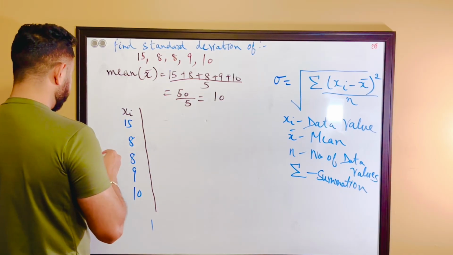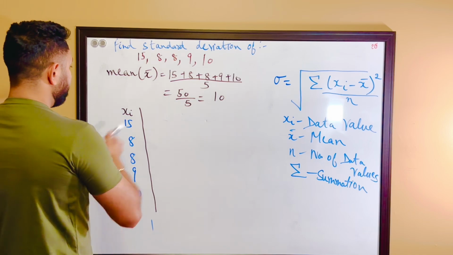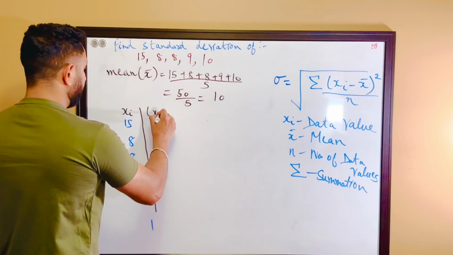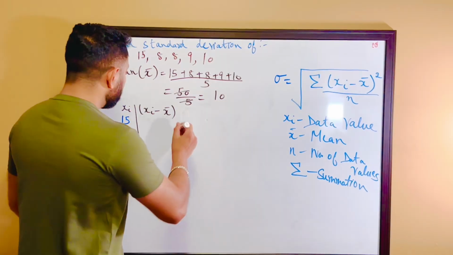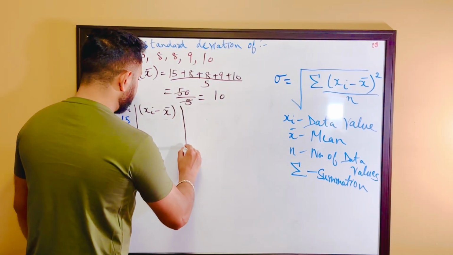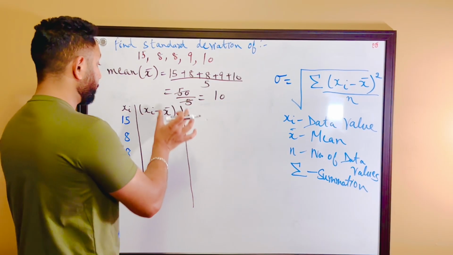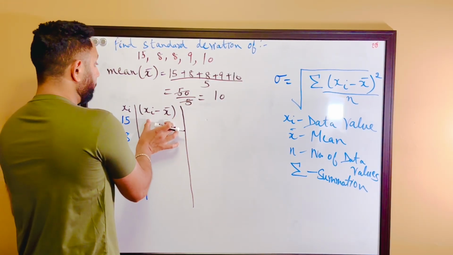So now data value minus mean. So in the last column we're gonna take the square of data value minus mean.